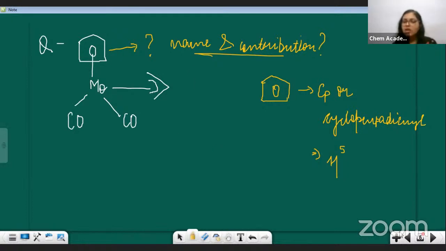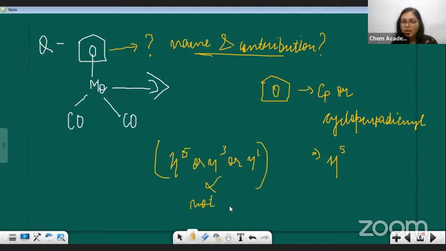One more important thing is that if there is no hapticity mentioned, for example, if no eta 5 or eta 3 or eta 1, if none of this is mentioned in the question, then you will have to take the max hapticity.